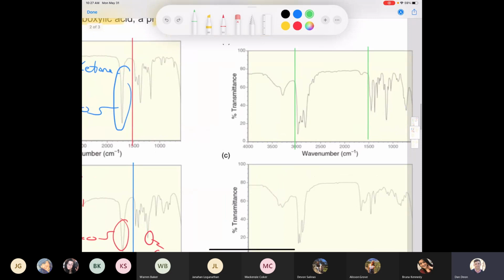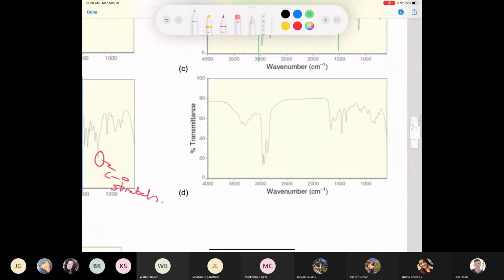We do have some stretching right here, but there's one peak, and it's right at around 3,400 reciprocal centimeters, and there's only one of them, so this is probably a secondary amine. So we'll put here secondary amine, and this is the NH stretch from a secondary amine.